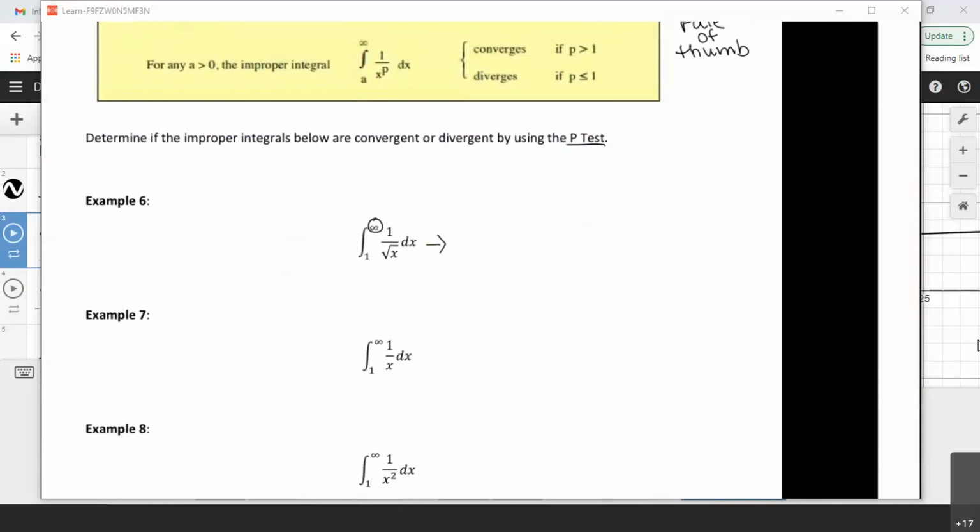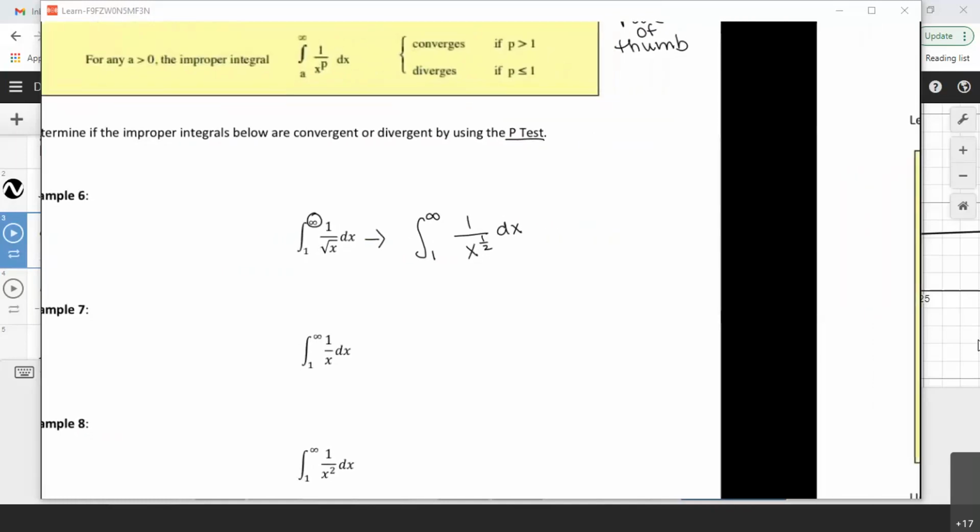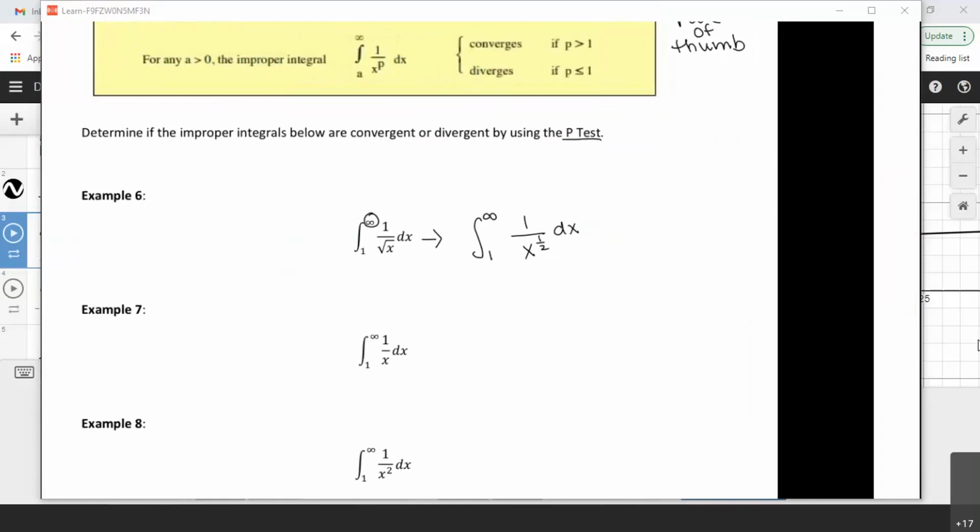So here I can rewrite this like this one, x to the p, where p is, sorry, 1/2. So what do you think about that one? Is example 6 convergent or divergent based on the p-test?